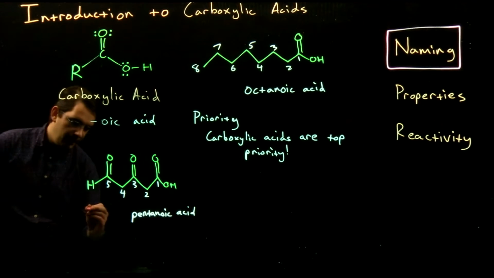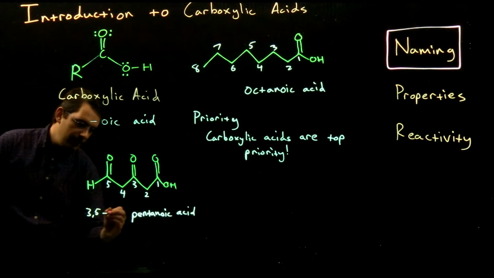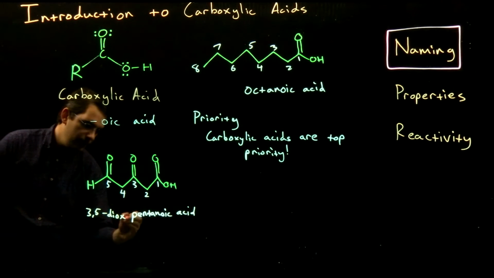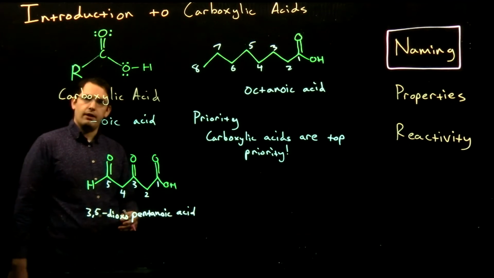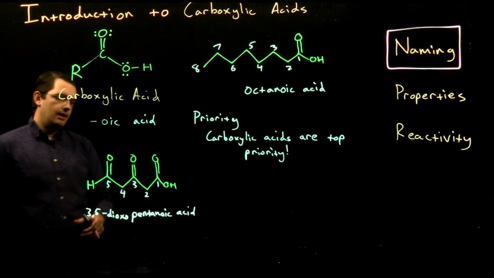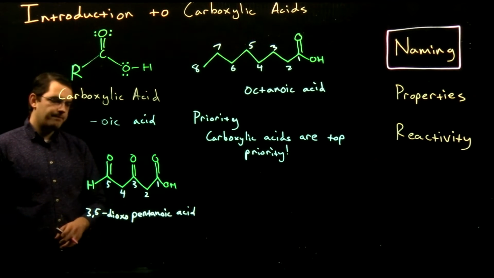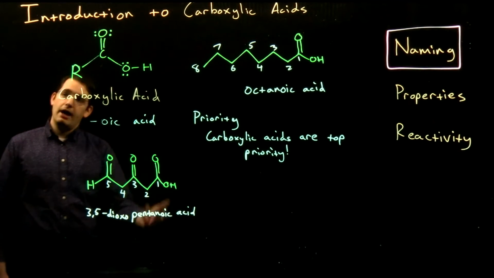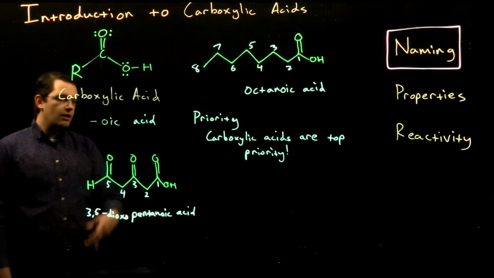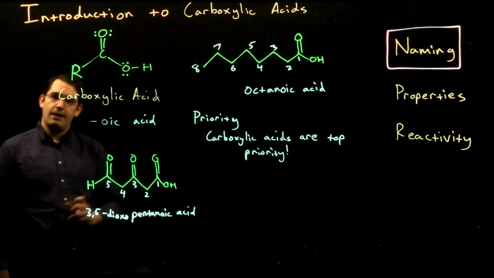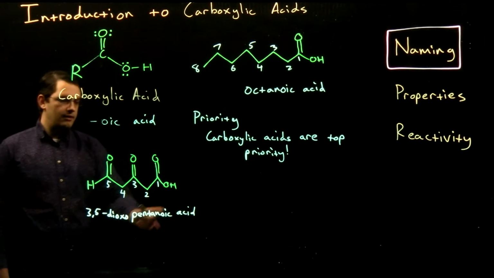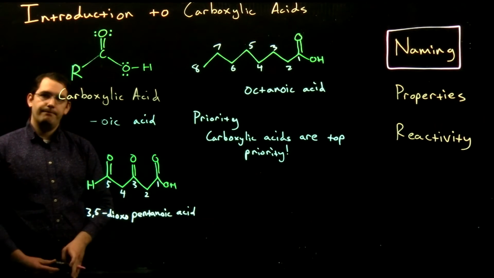So this would actually be 3,5-dioxopentanoic acid, indicating those 2 different carbonyl functional groups here in our carboxylic acid. Again, of course, if we had hydroxy groups or alkenes, we would add those in as well, but we'd be always giving priority and the first number of our parent chain to that carboxylic acid.